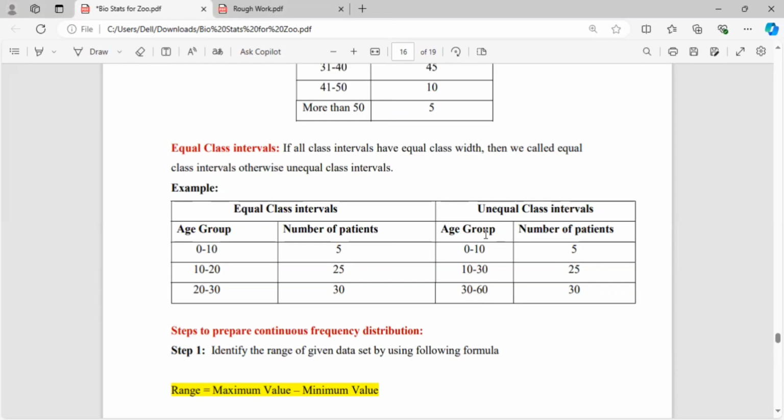So the class width is not the same, hence it is unequal class intervals, right? So in this part we discussed the types of class intervals: inclusive, exclusive, open-end, and equal class intervals. In the next part, we'll discuss how to create the continuous frequency distribution with examples.